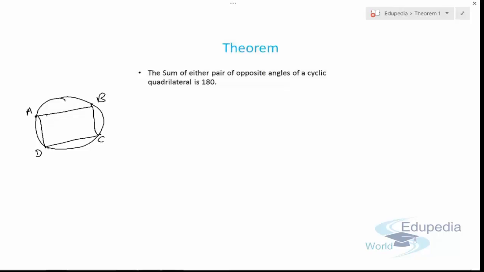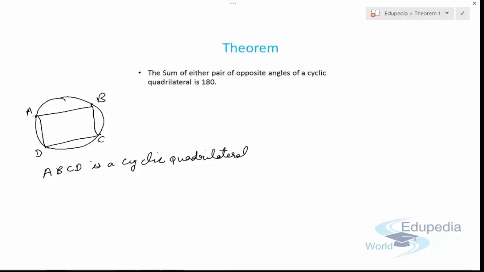Now these points, when they are joined, make a cyclic quadrilateral. So we can say that ABCD is a cyclic quadrilateral.